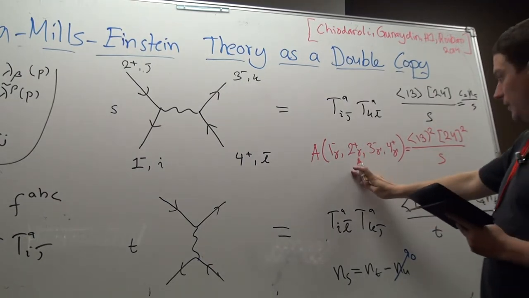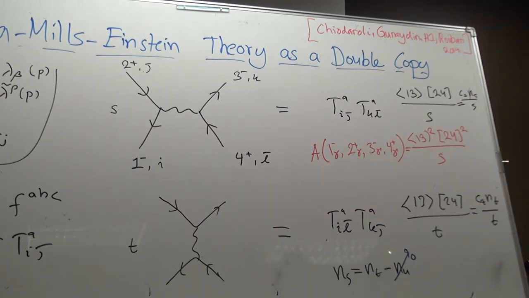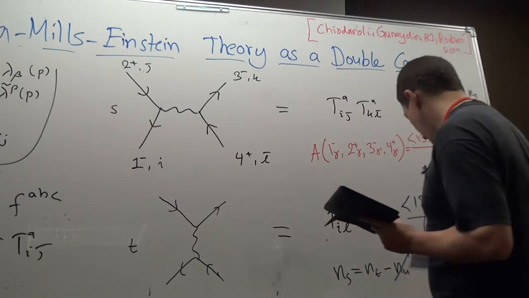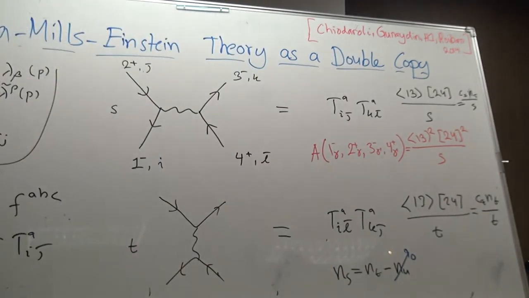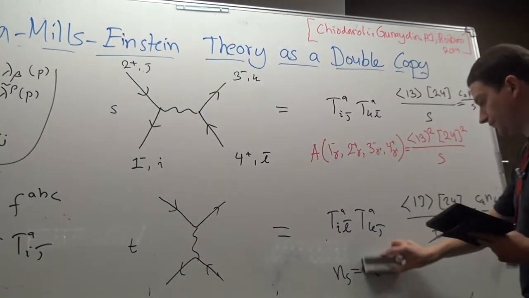Now if you add this diagram plus the other diagram, then you get both channels that you would expect. So indeed, if we do it down below, then you will get an amplitude just for a single photon.